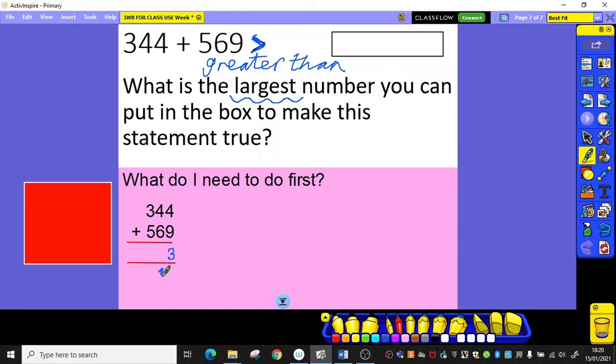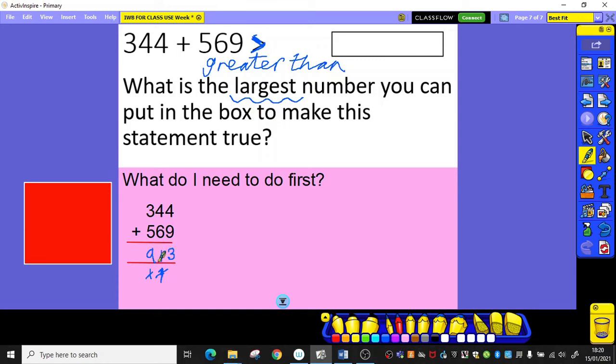Carry my 1 at the bottom. 4 add 6 is 10. Add my 1 from the bottom. I'm just going to redo that. Sometimes this mouse is tricky to use. And cross off this number so that I know that I've used it correctly, that I've actually added it on correctly. And 5 add 3 is 8, add the 1 at the bottom is 9.